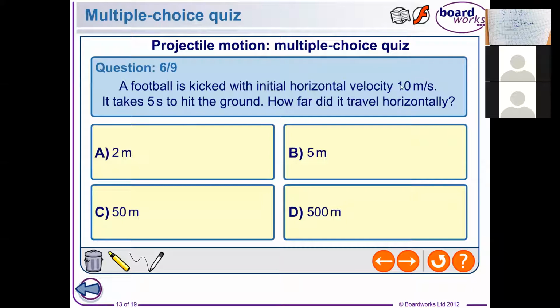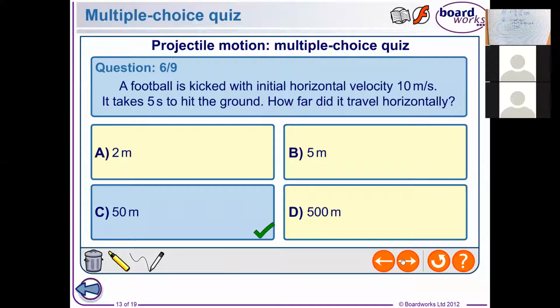We know that horizontal motion is a constant velocity, so it's traveling for 5 seconds. How far would it travel after 5 seconds? It travels 10 meters every second, and there's 5 of them. It's C, good.